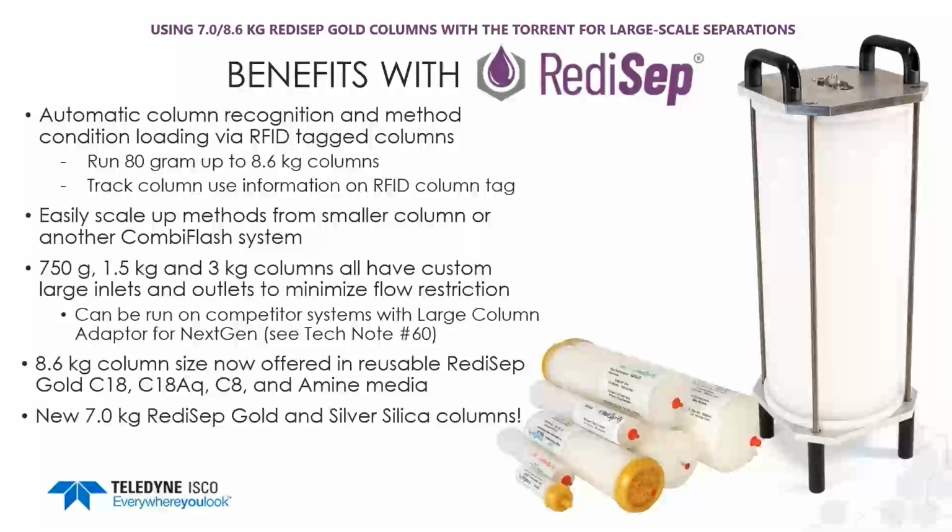So when you develop a method that only works on a certain media, you'll know that you can go ahead and scale up to 8.6 or 7 kilogram columns with our gold media. Additionally, we do offer our 7 kilogram columns in both the RediSep Gold and silver silica material.